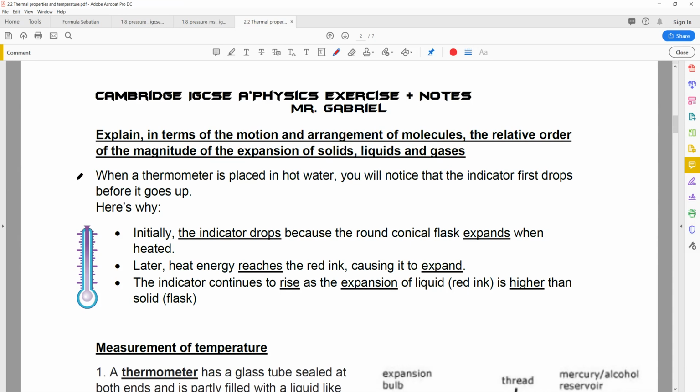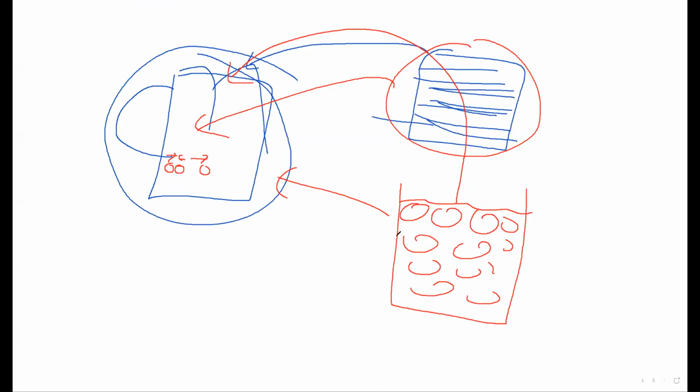If you take a look at this example, when a thermometer is placed in hot water, you will notice that the indicator first drops before it goes up. Why? Let me redraw this. Imagine this is a cup of hot water at 100 degrees Celsius.